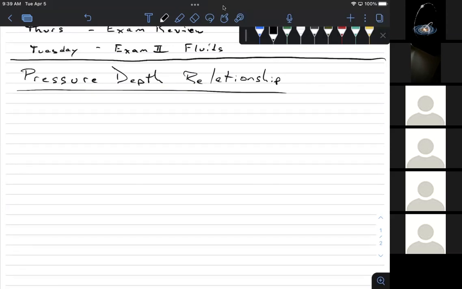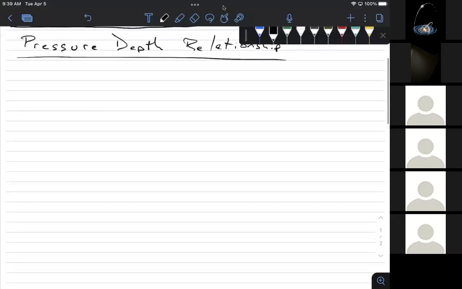But it turns out that the deeper you go, the more pressure you feel. Now, why might that be? Well, imagine there's water, and you go down in the water, and here's an object inside, under the water, submerged in the water.